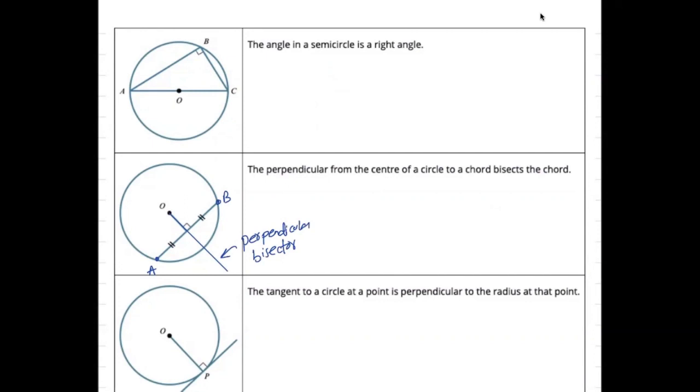So would you agree that the perpendicular bisector of the line is going to pass through the center of the circle? Yes, sir. The perpendicular bisector of AB, which is this line, must pass through the center of the circle. And because it is a perpendicular bisector, it is going to bisect the chord in two parts.